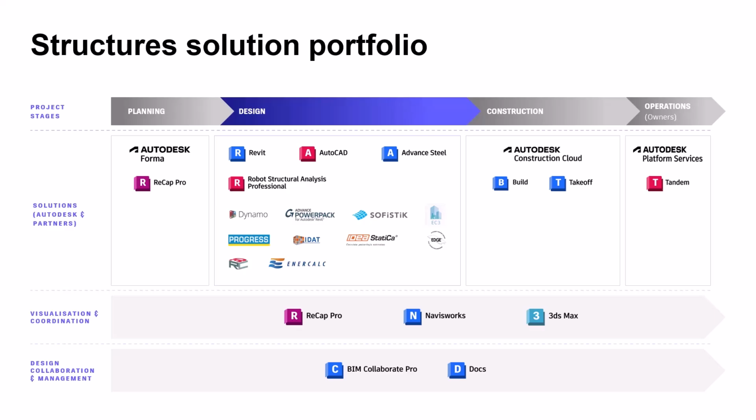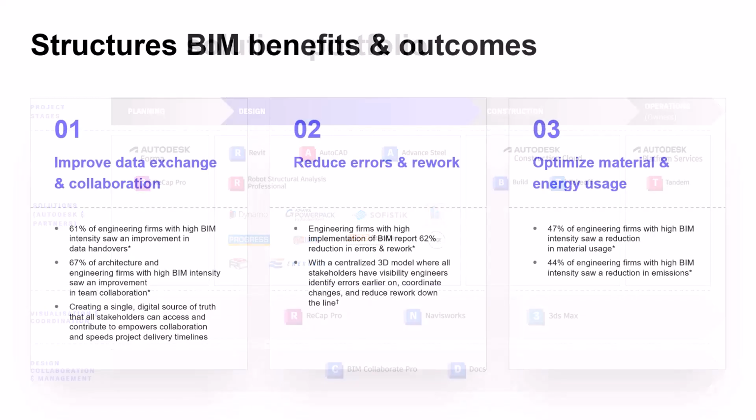We are focusing more on detailing directly in Revit and partner integrations. For collaboration, we use BIM Collaborate Pro and Docs, with Navisworks and 3ds Max supporting coordination and visualization. And in construction, Autodesk Construction Cloud ensures data continuity, and in operations, Tandem enables digital twin workflows.